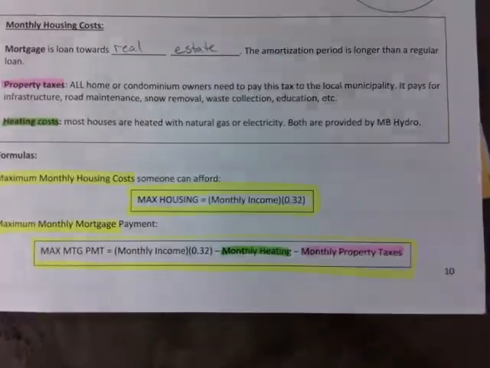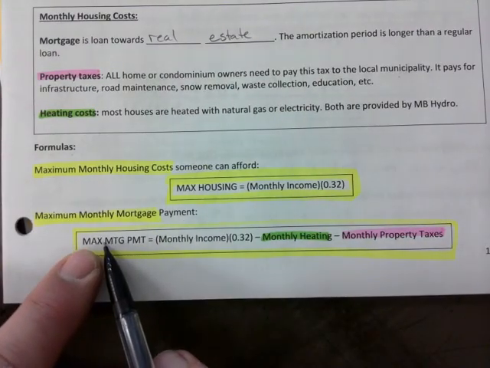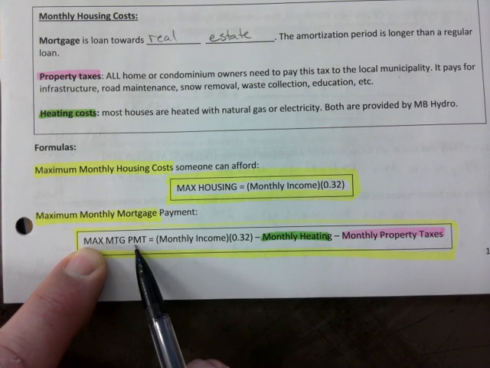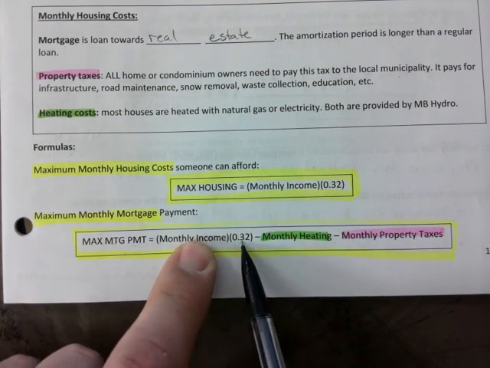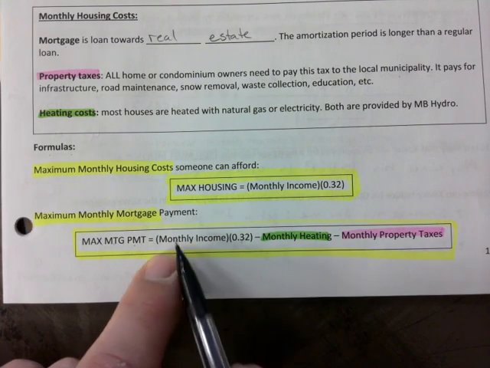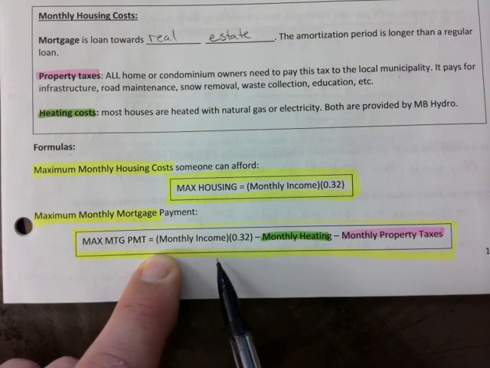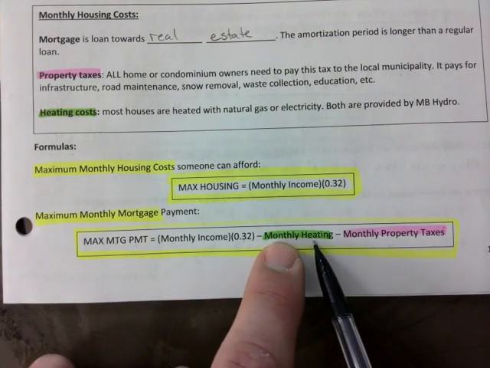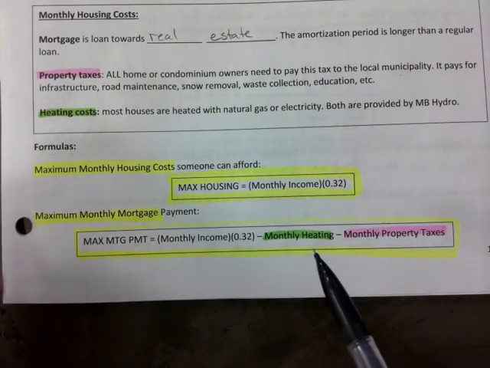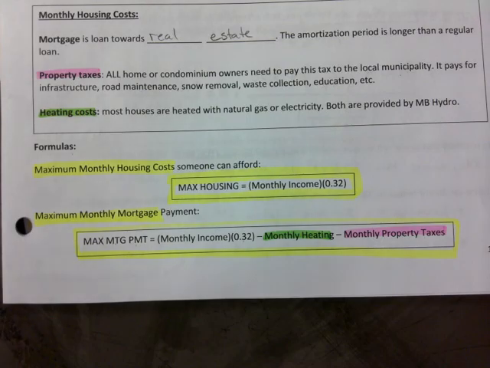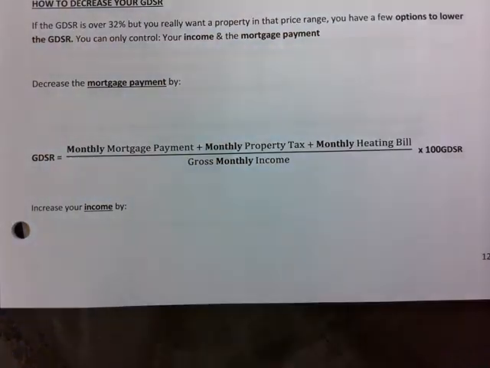It's way at the bottom here. The maximum mortgage payment you can afford. So you basically take your income, multiply by 0.32 to figure out what is 32% of your income. Take away the heating, take away the property taxes, and what remains is what you can spend on the mortgage, the maximum possible. Okay, so we're going to go back to 12.